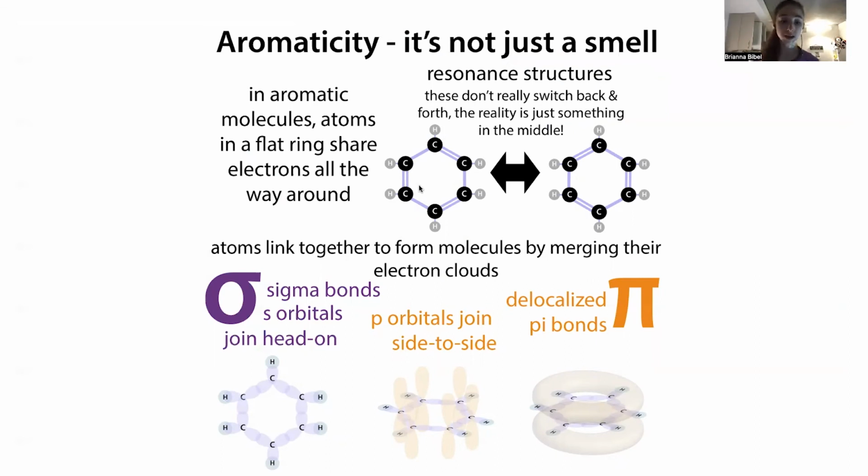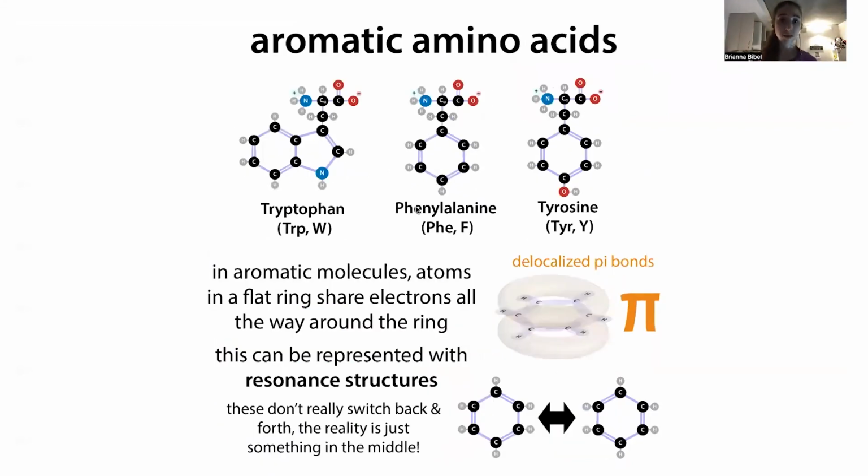This can also happen between more than three, so it can actually happen between a lot of them. And if it happens in a ring, we call this molecule aromatic. There are three aromatic amino acids: tryptophan, phenylalanine, and tyrosine. And these have these aromatic rings.